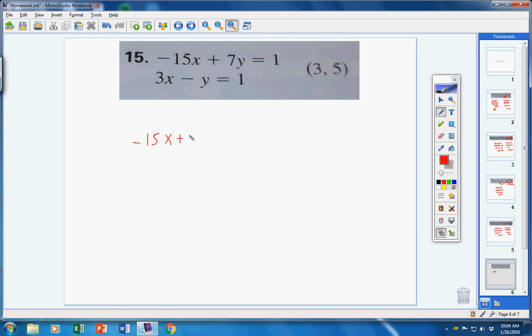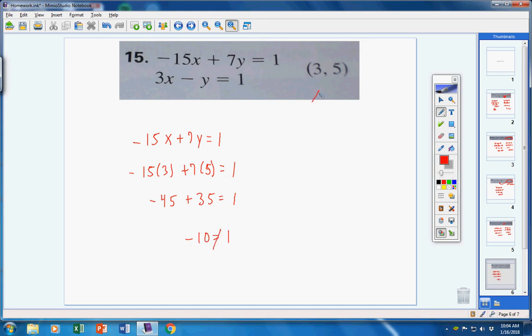Let's copy now our first equation. When the x is, I will substitute 3. When the y is, I will substitute 5. And I will get negative 45, positive 35. And obviously, that's not going to give me a true statement.